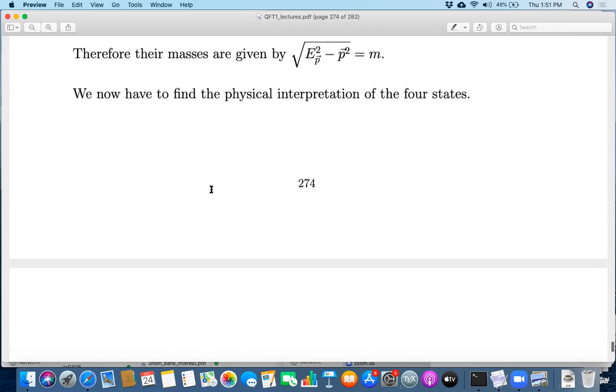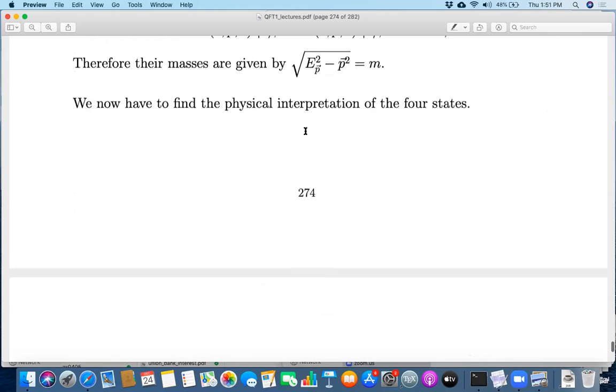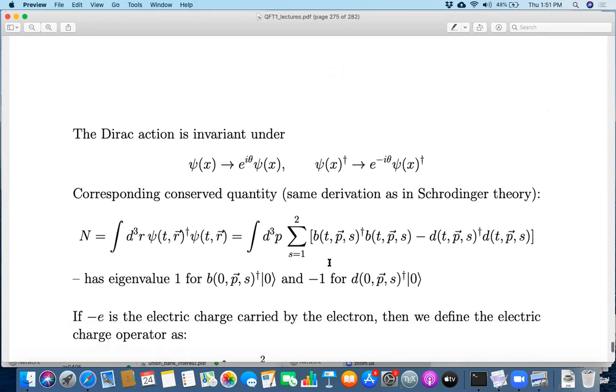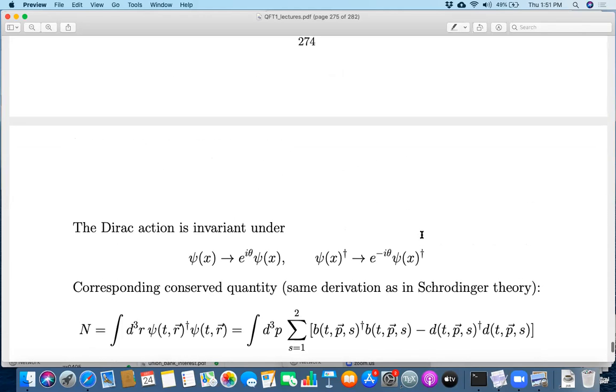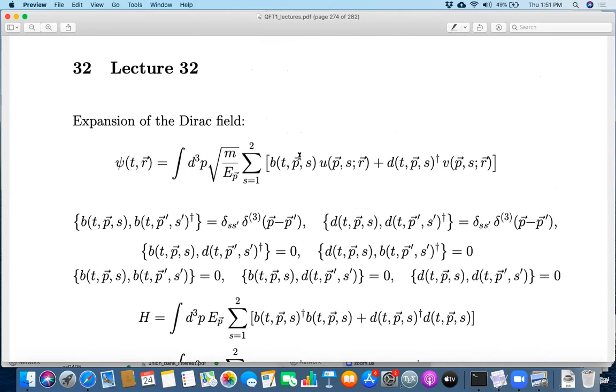And then when you substitute the expansions for psi in terms of these variables, and use appropriate normalization condition on the u's, you will find that N is given by integral d cube p times b dagger b minus d dagger d. This minus sign came because in the expression for psi there is a d dagger and a b.